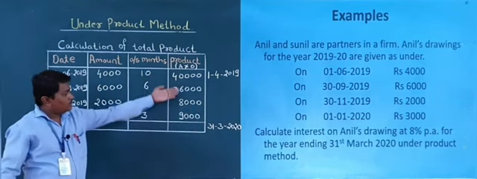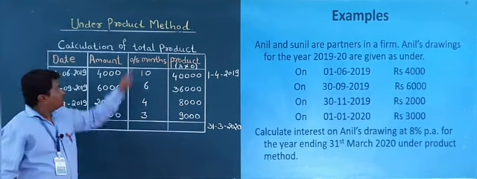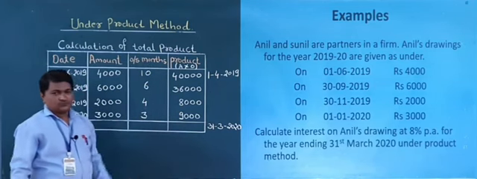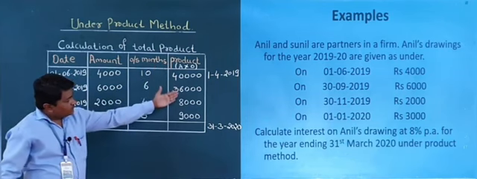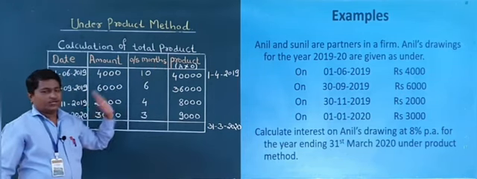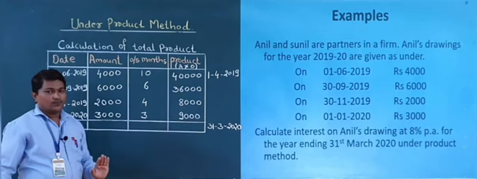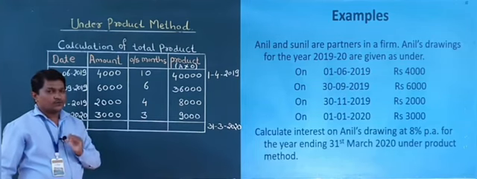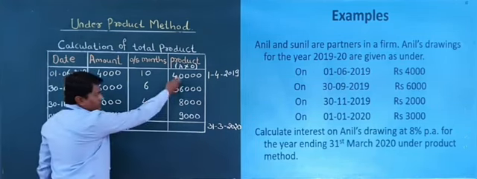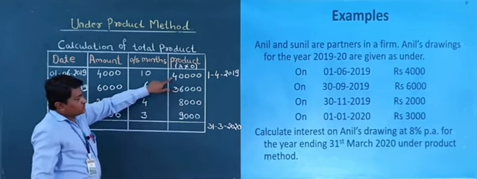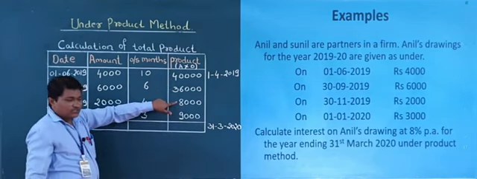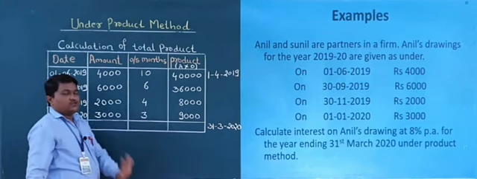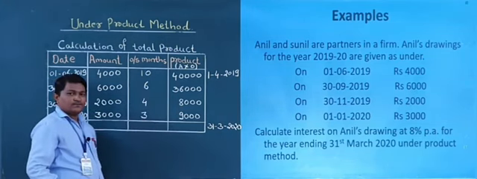These are the products. But what do we calculate here? Total product. Total product means all these products must be added and we get the total product. What is the amount of total product? If you add 40,000 plus 36,000 plus 8,000 plus 9,000, what is the total?